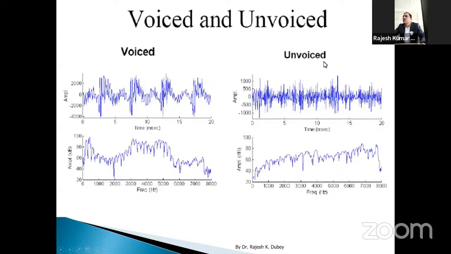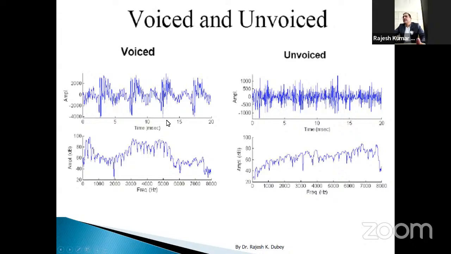But when we look at the pattern of unvoiced sound in the time domain, it looks like noise. And in the frequency domain, in the lower frequencies less content is there, and in the higher frequencies more content is there. That means high frequency noise. You can say unvoiced sounds are high frequency noise, and voiced sounds are quasi-periodic high magnitude signals.